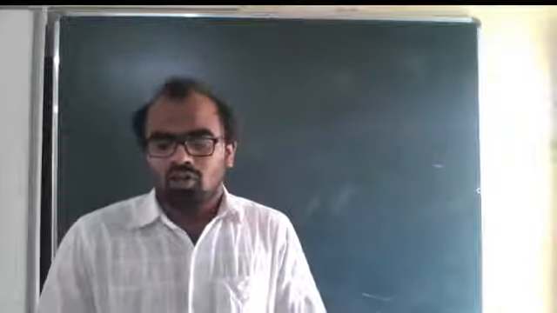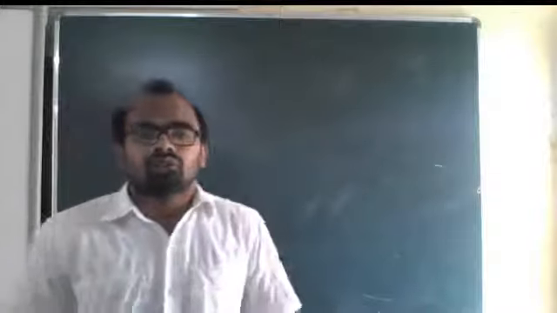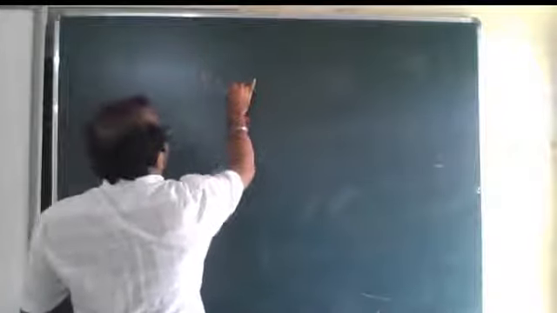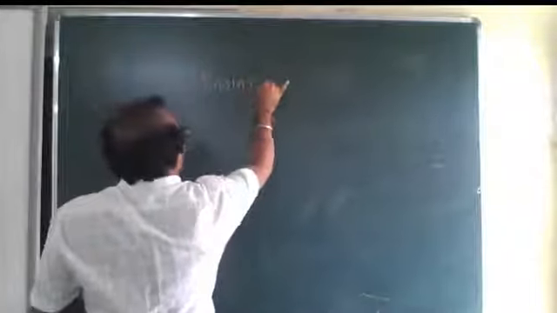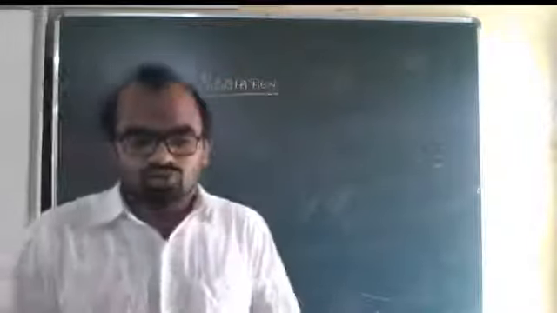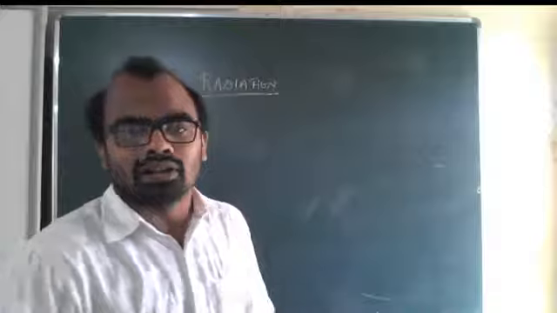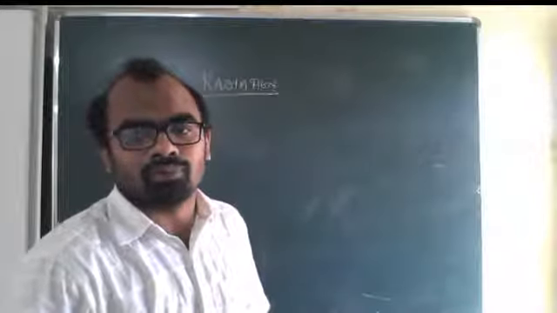So I am going to explain radiation, and after that, depending upon the clothes, we will see that also. So we will see the radiation. So I will make the notes now.